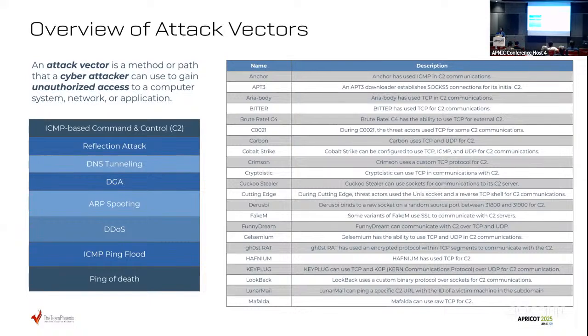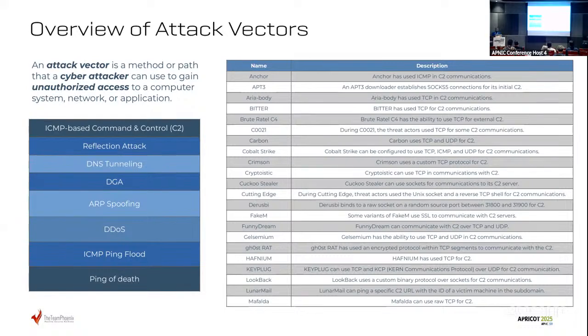Regarding the attack vectors, as I mentioned, we have summarized all the attack vector areas that are heavily involved in network security. So what is an attack vector? A method or a way that a cyber attacker uses to compromise or perform an attack on your infrastructure.